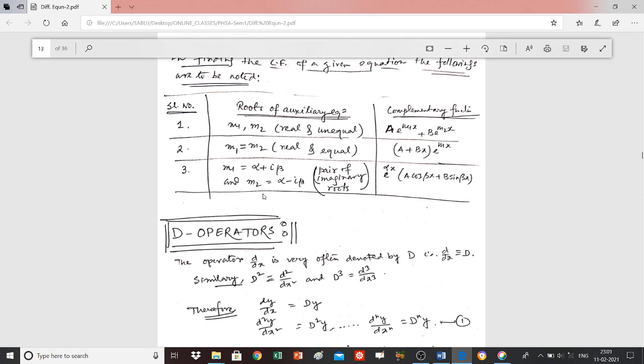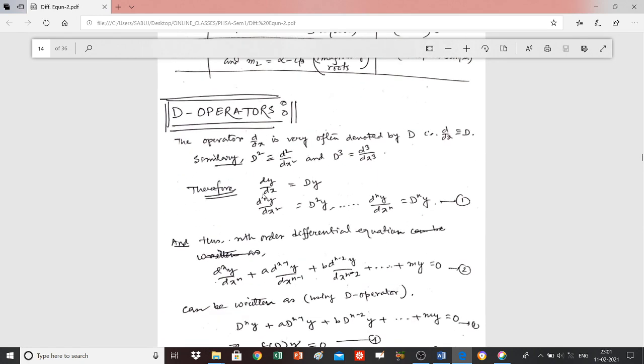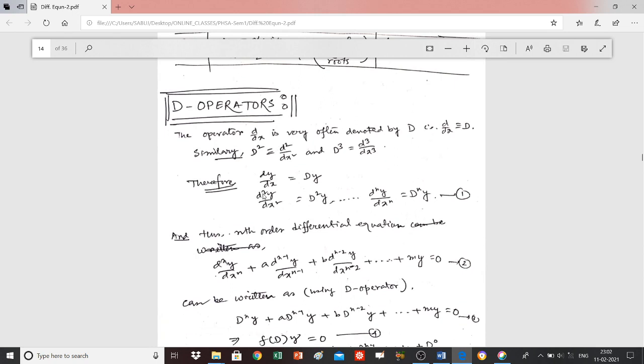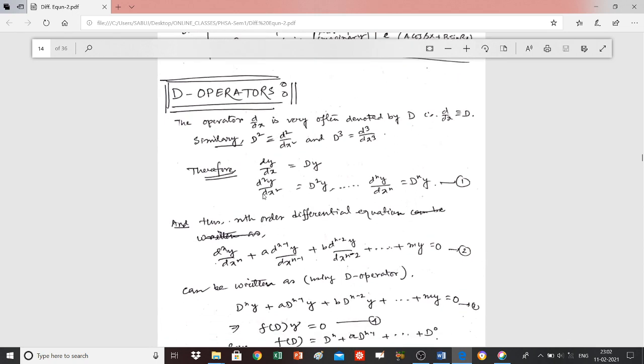Okay. Now another important thing to know is the D operator.